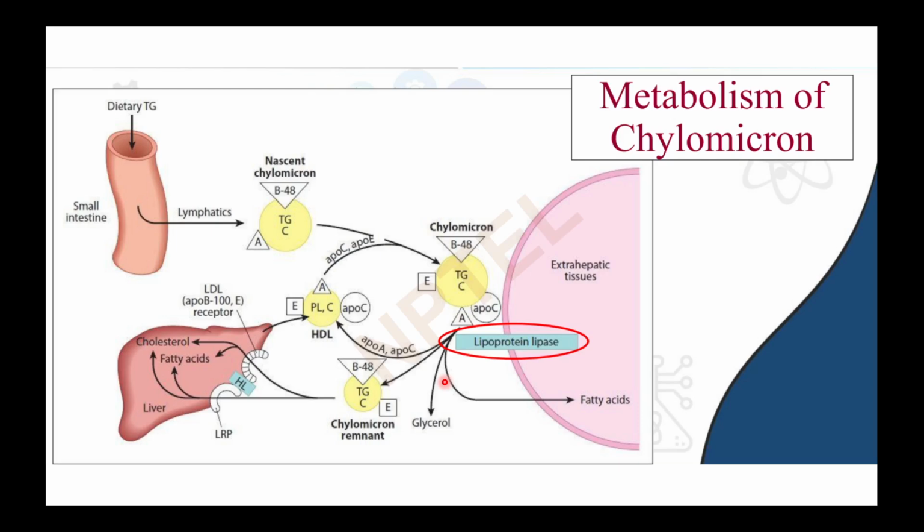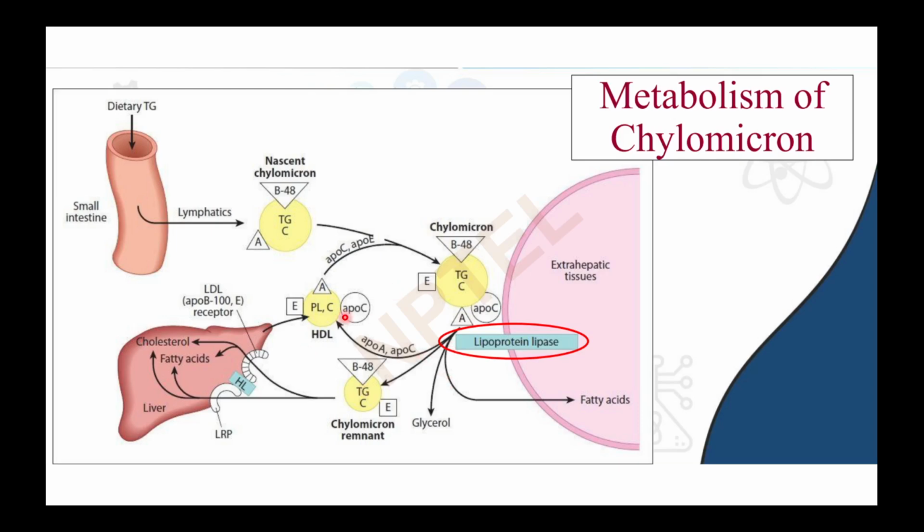The ratio of cholesterol to triacylglycerol will increase, and this chylomicron remnant, which has high cholesterol and low triacylglycerol, is transferred to the liver by two different receptors.